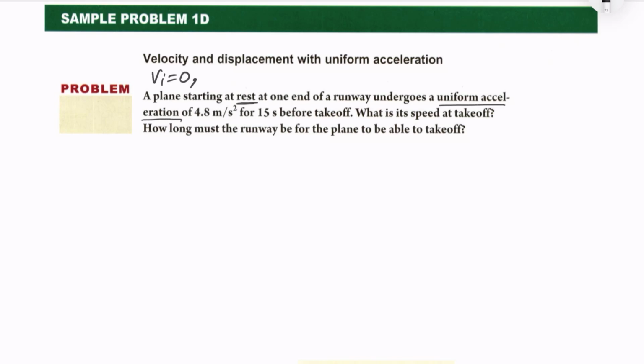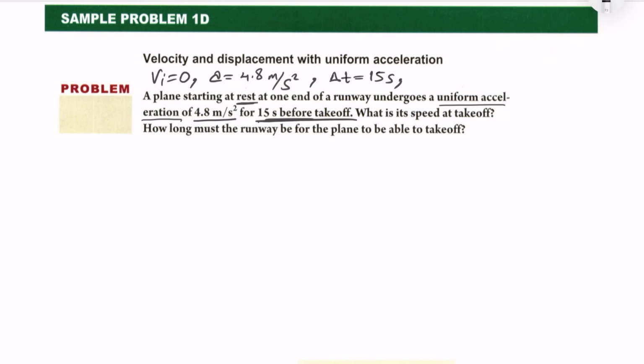So this word must be your keyword, uniform acceleration, which is 4.8 meter per second squared. So our acceleration here is 4.8 meter per second squared for 15 seconds before takeoff. So delta t is 15 seconds here.